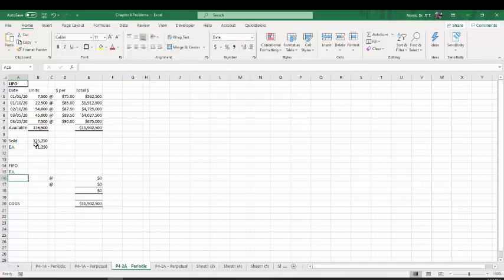So we're solving once again for the 11,250 units, and those units are going to be the oldest units in stock. So we have the 7,500 that we started the year with at a total cost of $75 per unit.